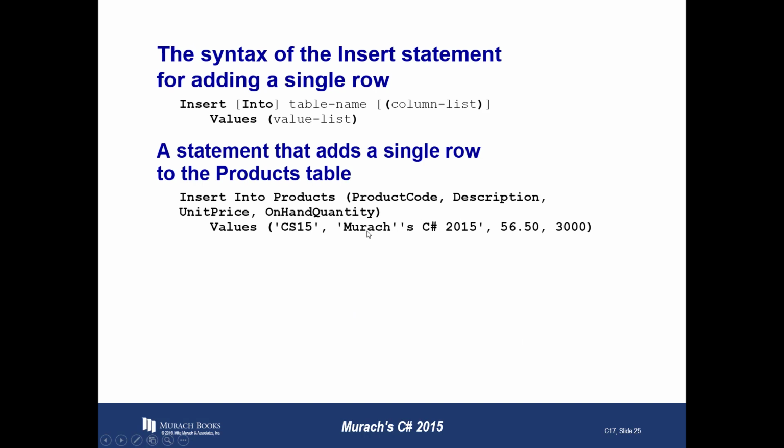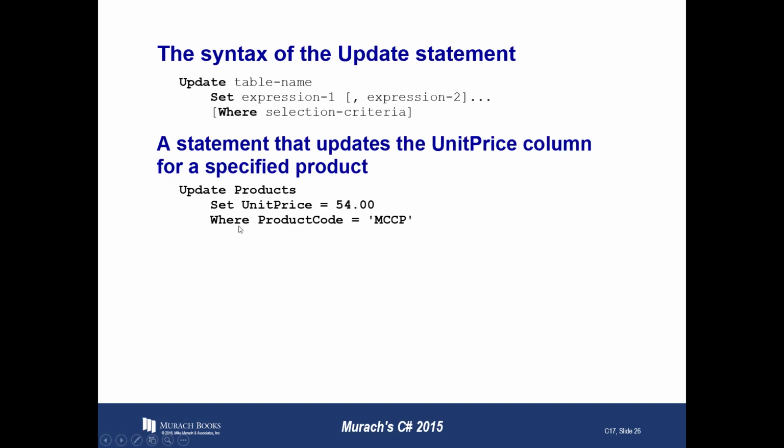The description will be Murach C# 2015. The unit price will be $56.50, and the quantity on hand will be 3,000. But the insert allows us to add a new record into the database, which is exactly what we're doing right there. An update allows us to make changes to an existing record that's in the database.